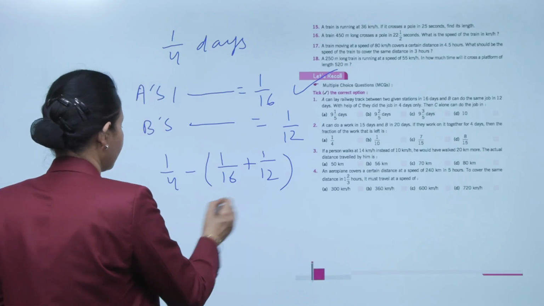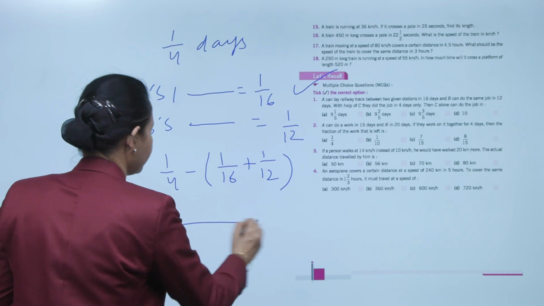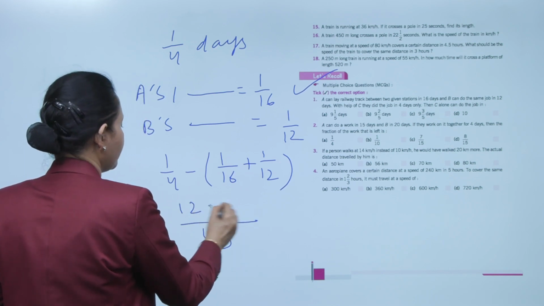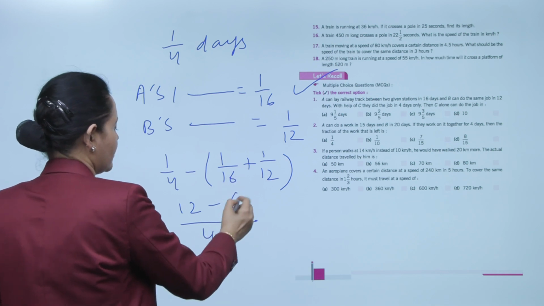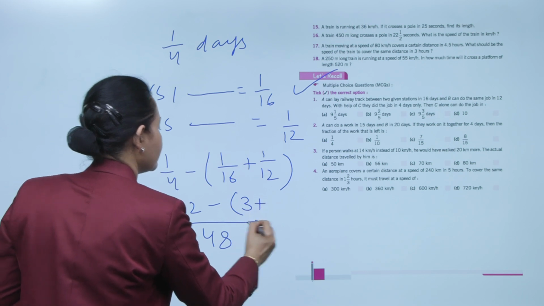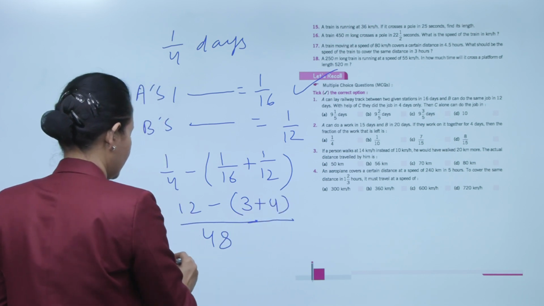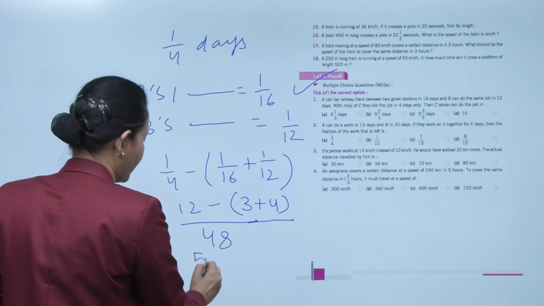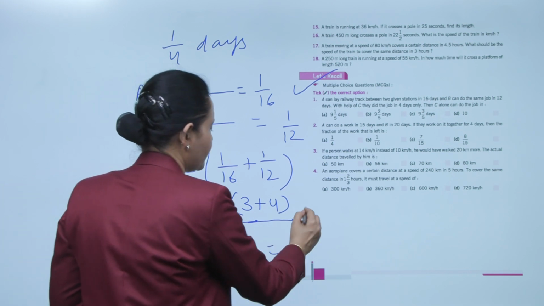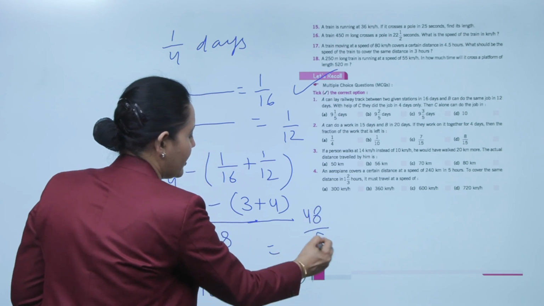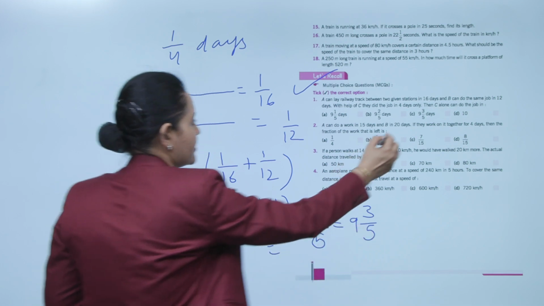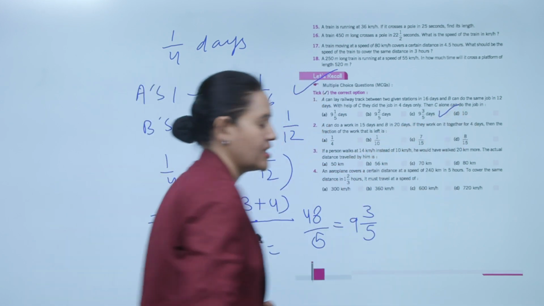So we'll solve this. LCM is 48. So this is 12 minus 3 plus 4, that is equal to 5 upon 48. So the total work will be 48 upon 5, that is equal to 9 3 by 5 days. So C is the correct option here.